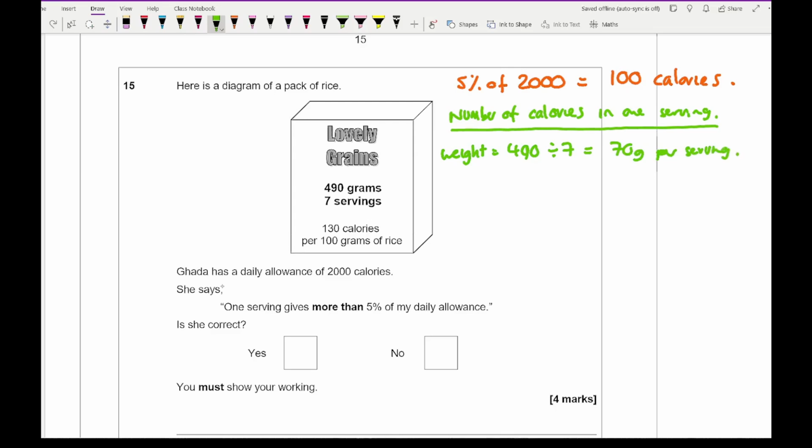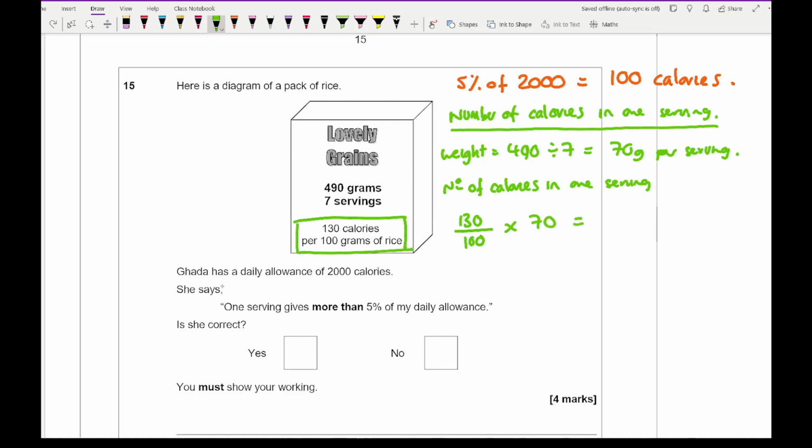I then want to work out how many calories there's going to be. Well, again, this is a very typical labeling on food products in supermarkets where they give you per 100 grams. So here we're going to work out the number of calories. So the number of calories in one serving is going to be the ratio, which is 130 divided by 100, and we're going to multiply that by the weight in one serving, which is 70.